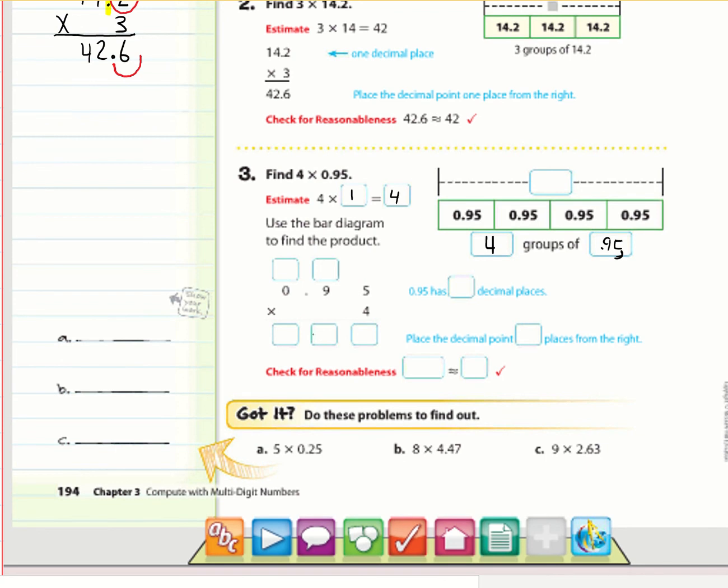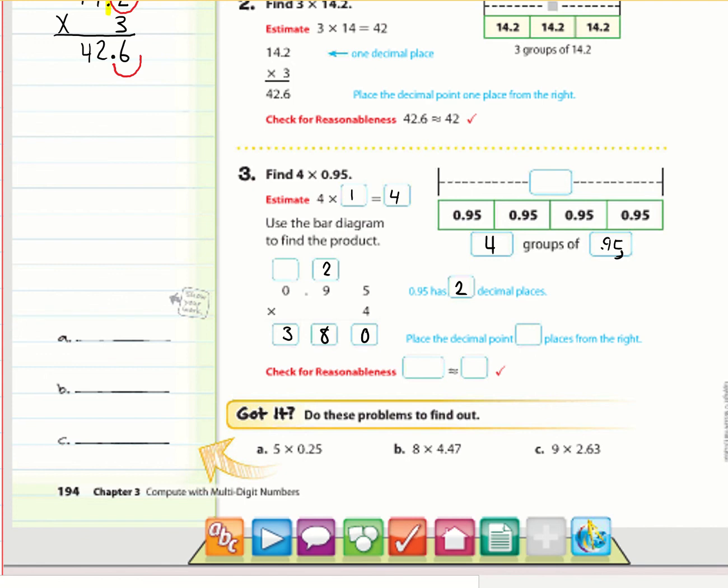So we're going to go back here. So we're going to multiply 4 times 5 equals 20. 4 times 9 equals 36, plus 2 equals 38. So we have 38. And I'm going to look, it says 95 hundredths has 2 decimal places.